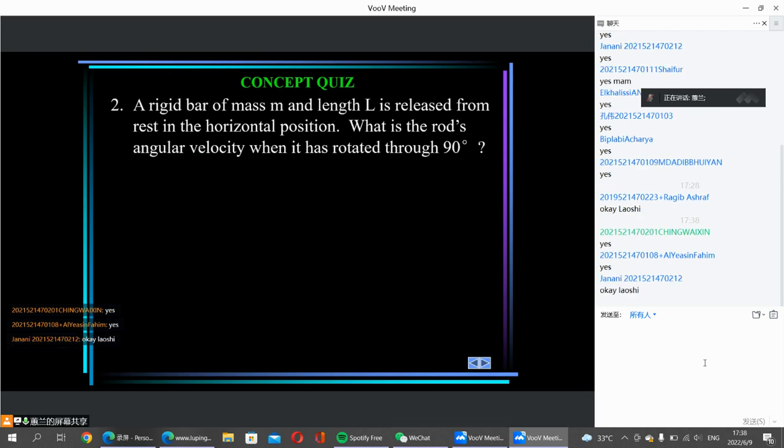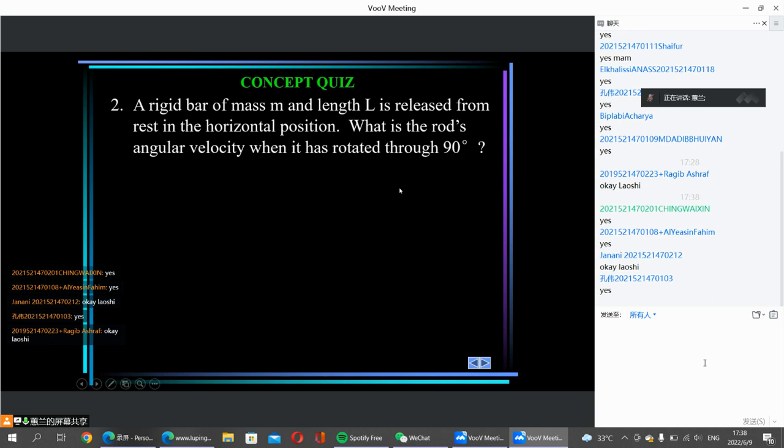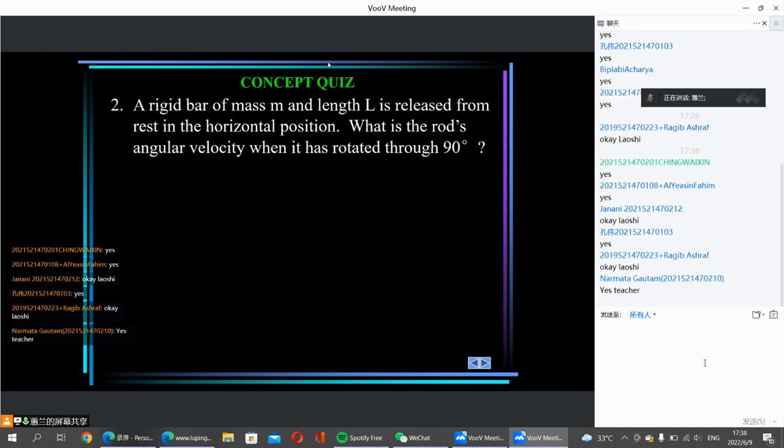Okay, we will continue our study about work and energy. You see, the principle of work and energy is easy to apply, right? Yeah, it depends.